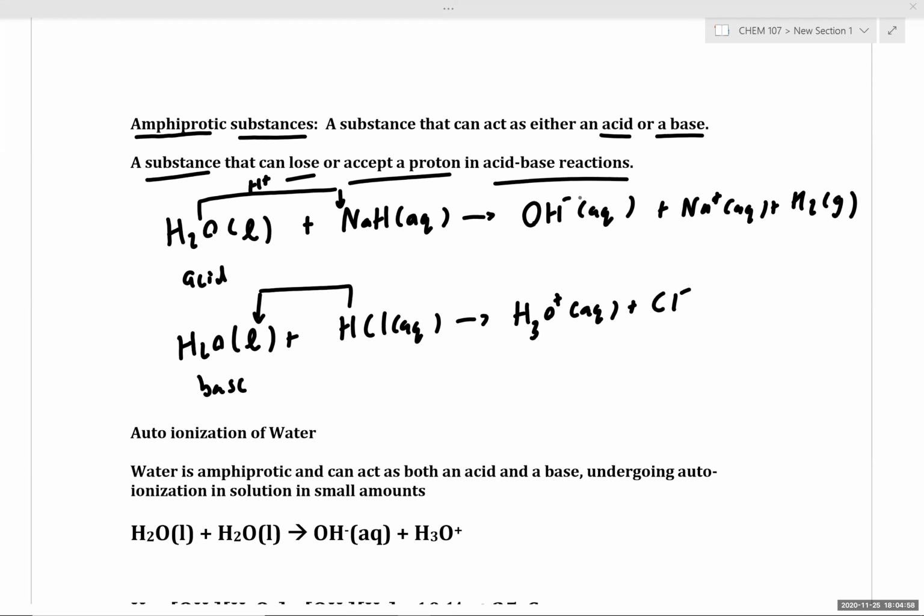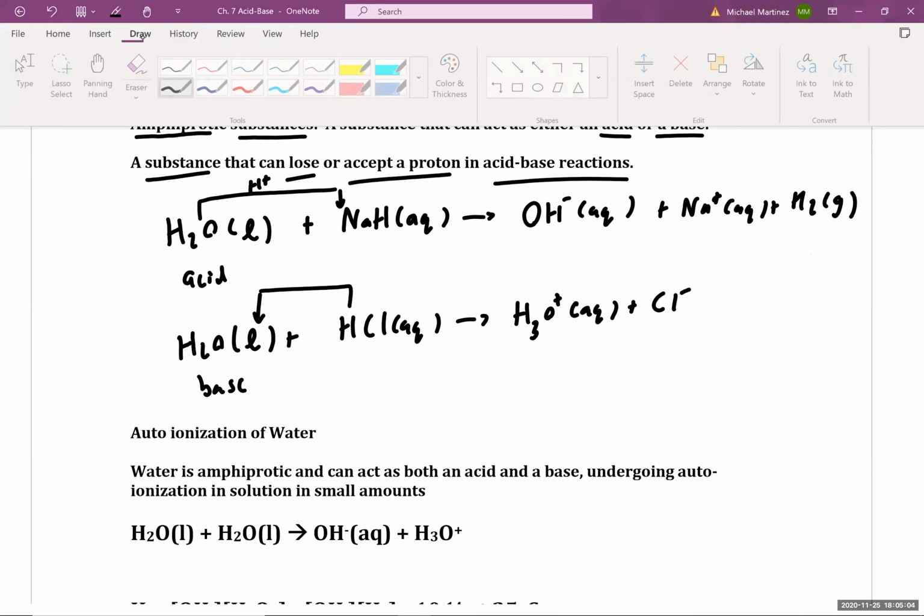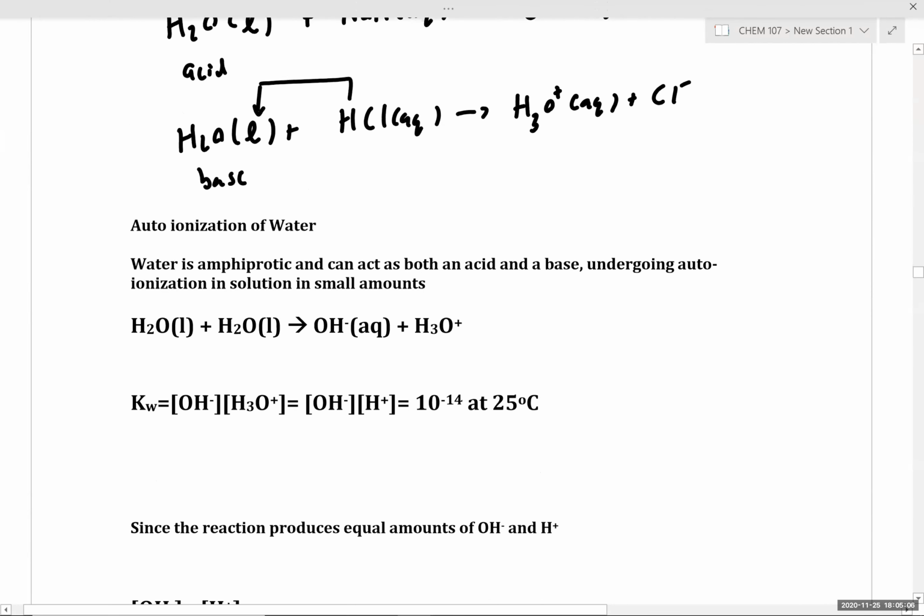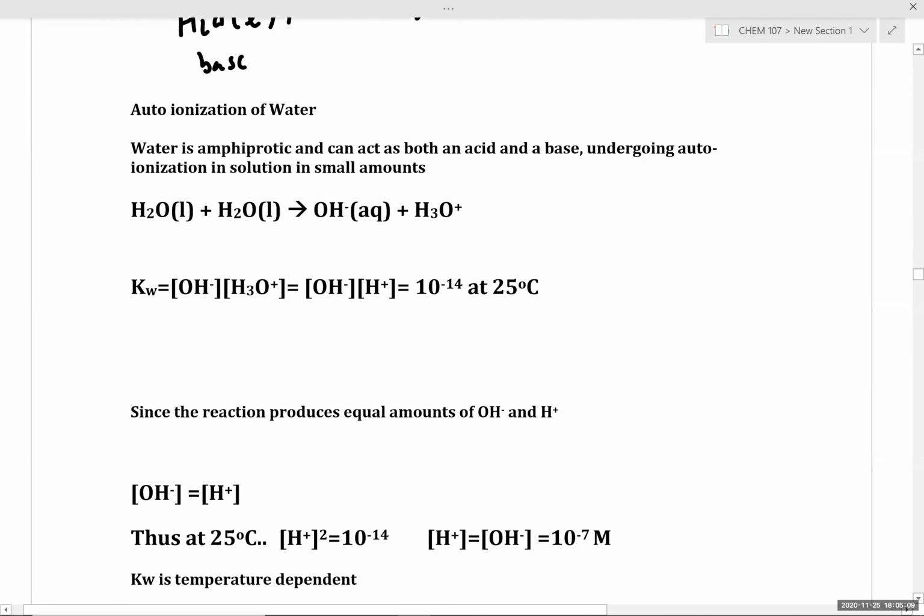Okay, perfect. Now, the next major feature that we have to consider is the fact that water undergoes auto-ionization. Water can actually react with itself.